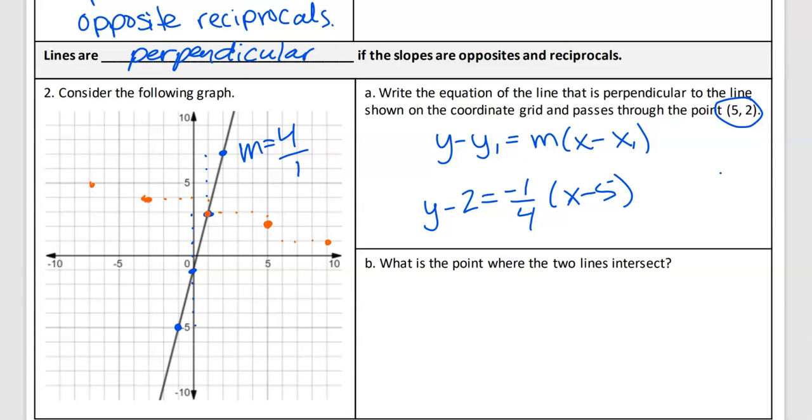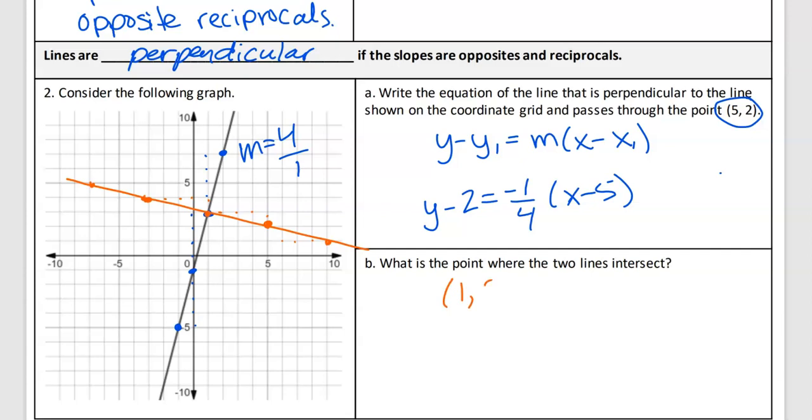Where do the lines intersect each other? Between 1 over 4 and 3. What is that point? I need an x and a y. My x is a 1.